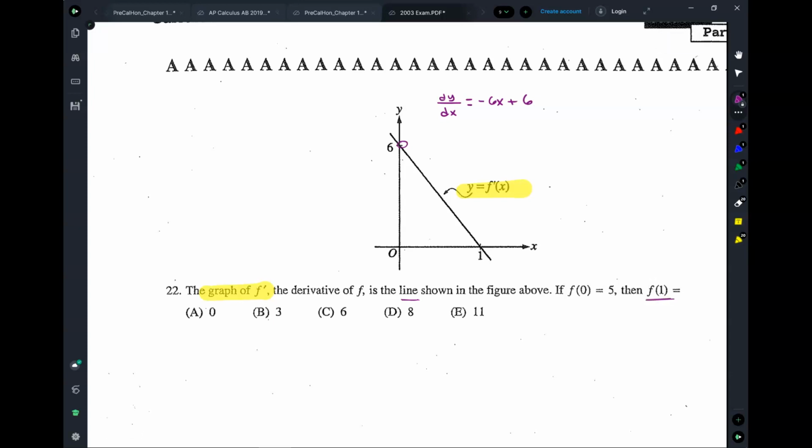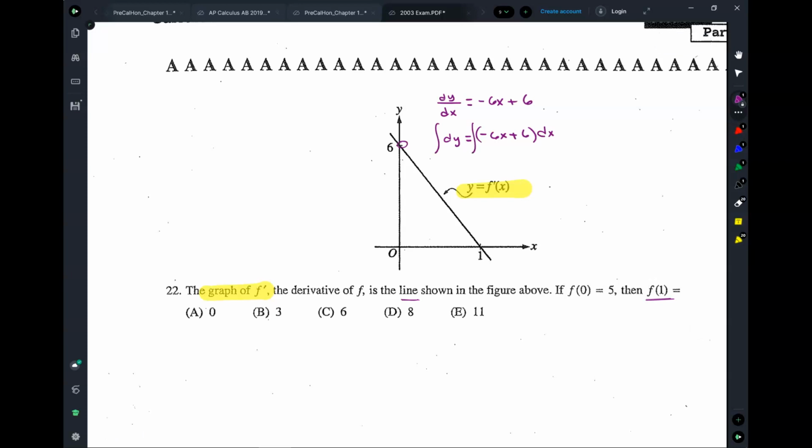In order for me to figure out what f of 1 is, I need y. I need the function. I need f of x, okay? So let's do separation of variables. Take an integral.